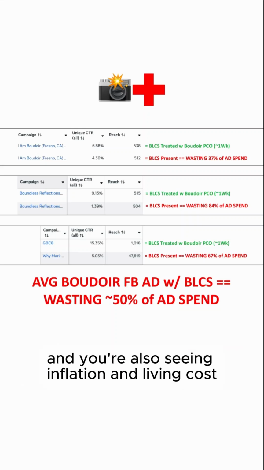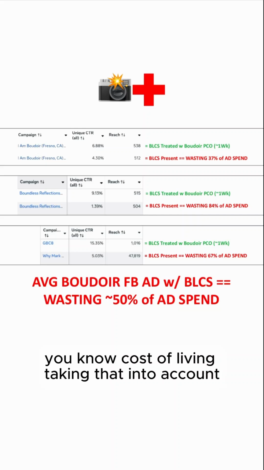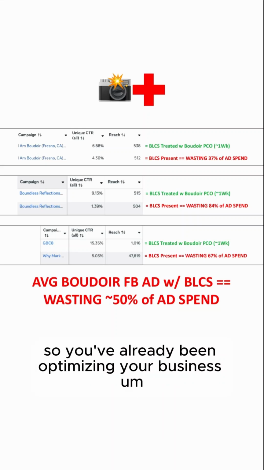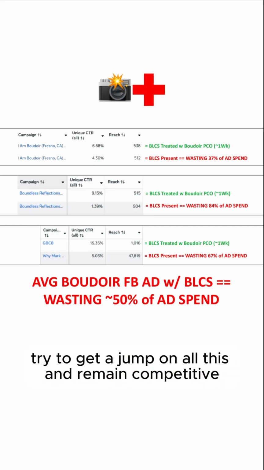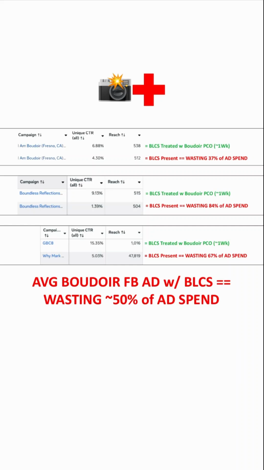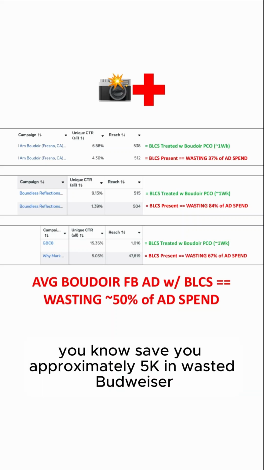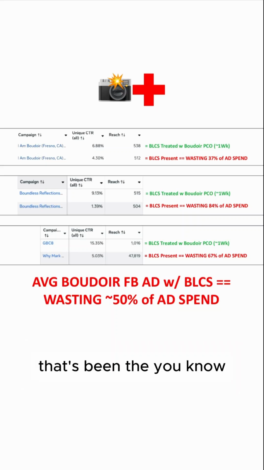And you're also seeing inflation and cost of living, taking that into account. So you've already been optimizing your business, trying to pull out more profit for ideally less input, less work, trying to get a jump on all this and remain competitive. And you see Boudoir Pico can save you approximately 5K in wasted Boudoir ad spend.